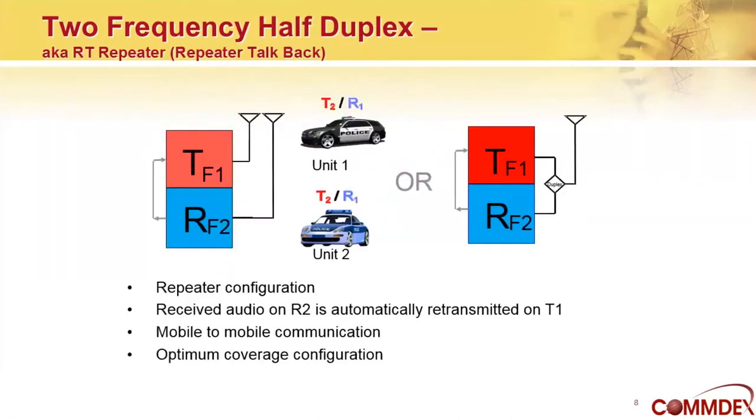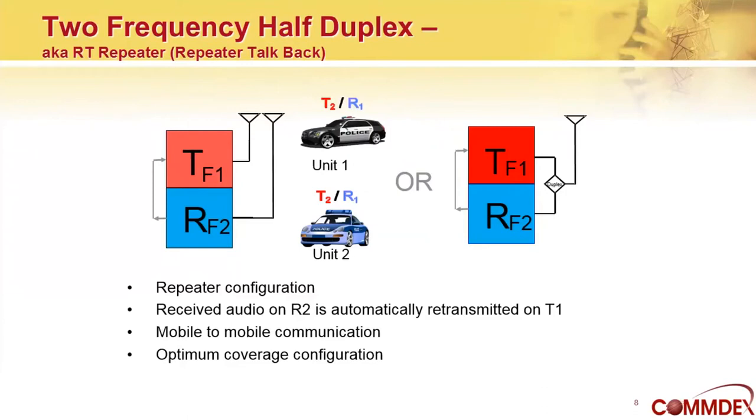Now, here's the most common thing we have out there in conventional, and that's called two-frequency half-duplex, also RT repeater, which stands for repeater talkback. A repeater is the most common way we have of extending range in a conventional system.